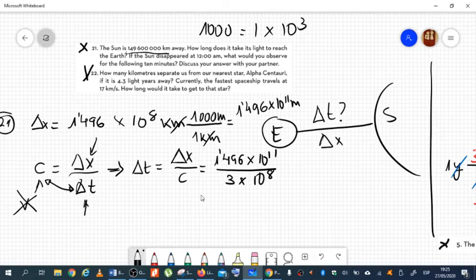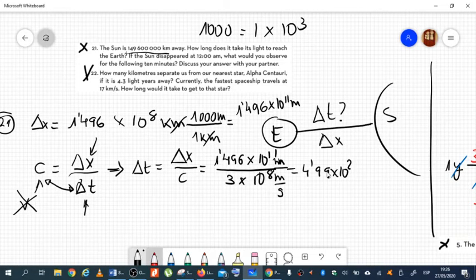It is 4.99 times 10 to the power of 2. And what are the units here? This is meters, and here we have meters per second.